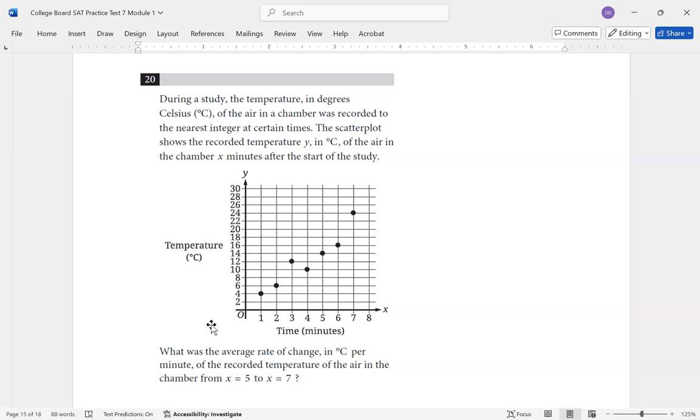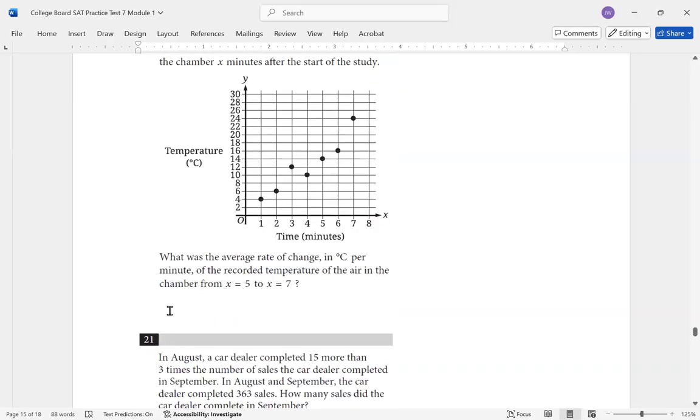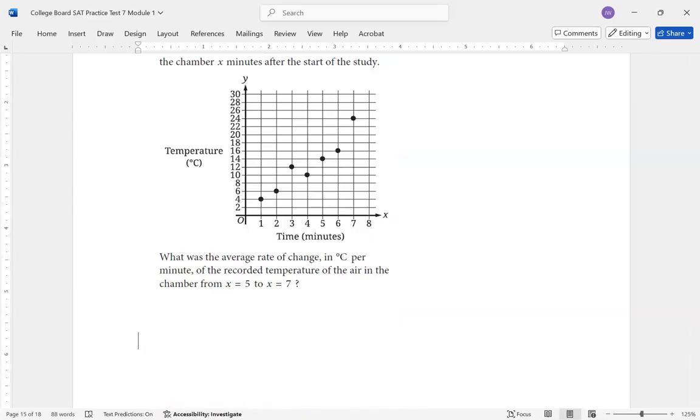So X is giving us the time in minutes after the start of the study, and Y is giving me the temperature. What is the average rate of change per minute of the recorded temperature of the air in the chamber from X equals 5 to X equals 7?